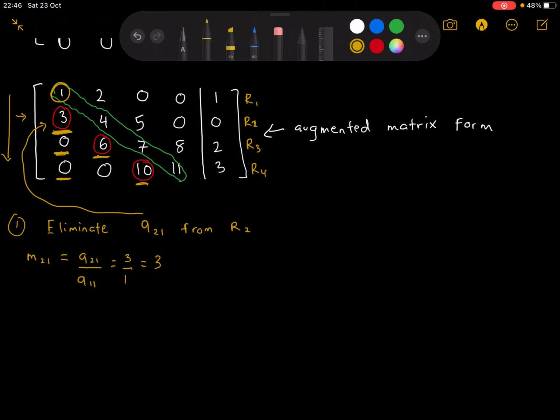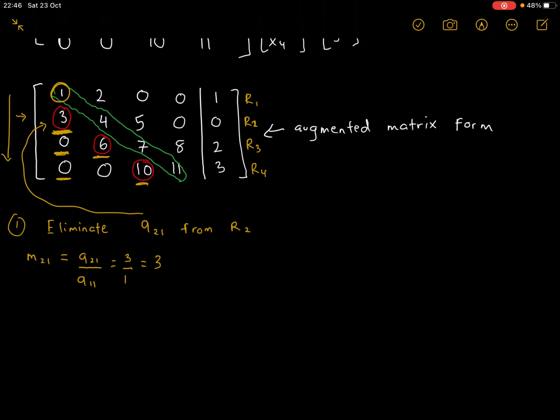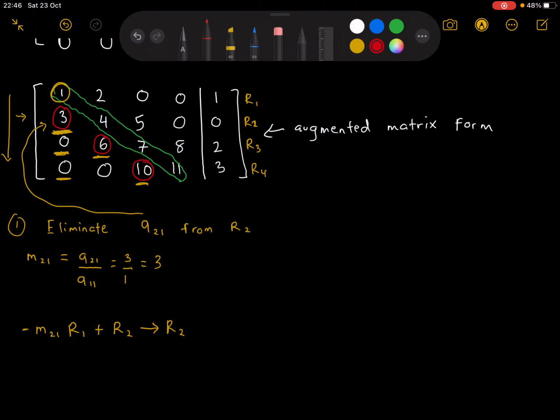Since we're going to eliminate A21 from R2, the equation is negative M21 multiplied by row 1 plus row 2, and we replace that on row number 2. Please take note that it must be negative M21.